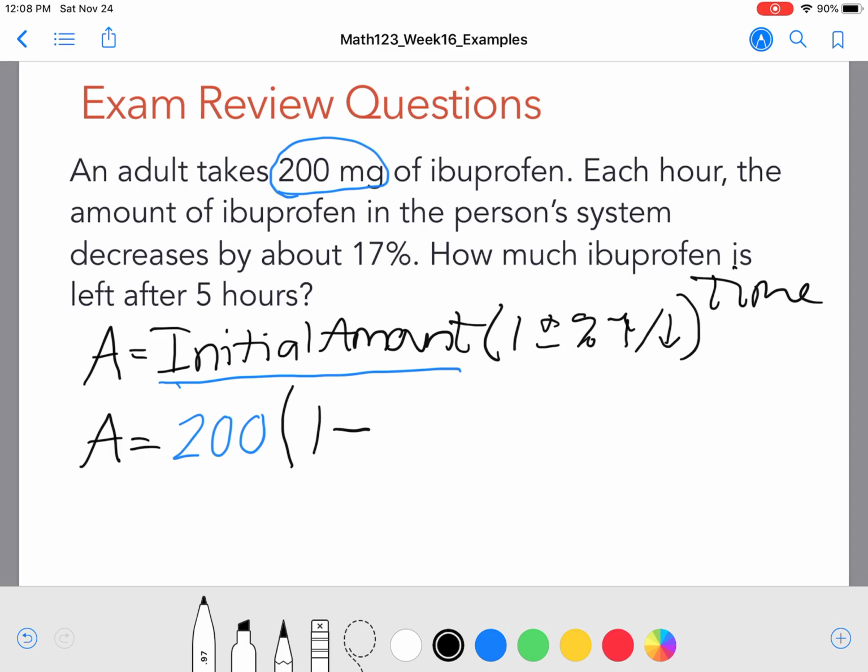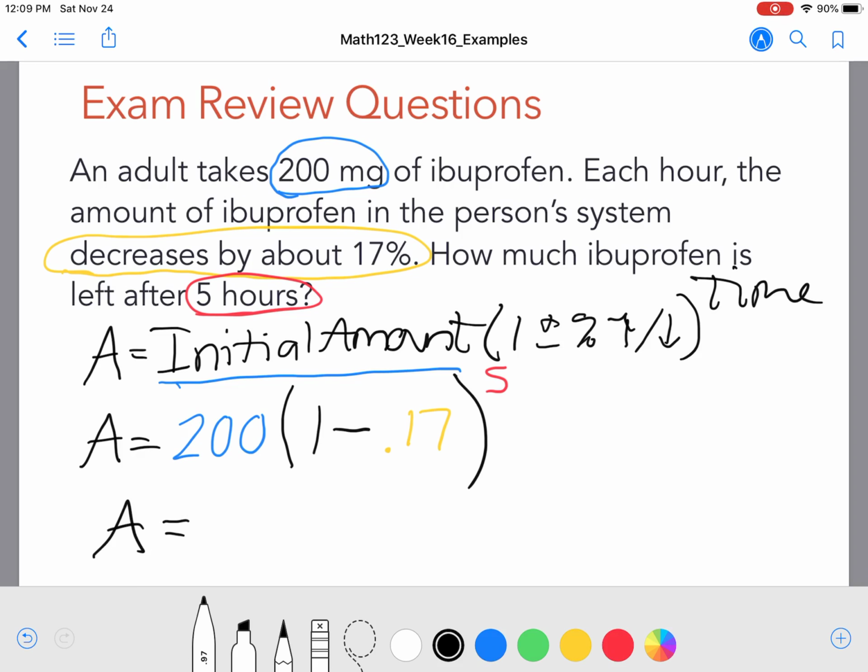So I'm going to have 1 minus, and then this is decreasing by about 17%. So I do 1 minus 0.17, so you are always changing it into a decimal. If it's increasing, you do 1 plus 0.17, and then the power is time. So in our case, 5 hours. So it's going to be to the power of 5. So I have something like this.